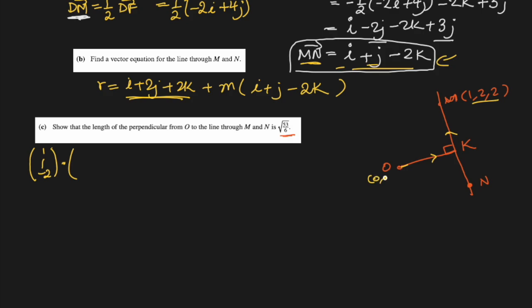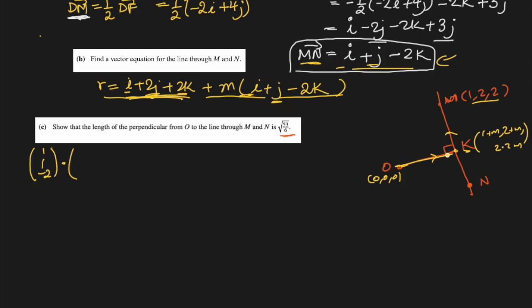We know this is 0, 0, 0, but we don't know K. Let's say this is the equation for K also, because K is on the line. So the coordinates of K will become 1 plus m, 2 plus m, and 2 minus 2m. These are the coordinates of this point K, because it is lying on the line.